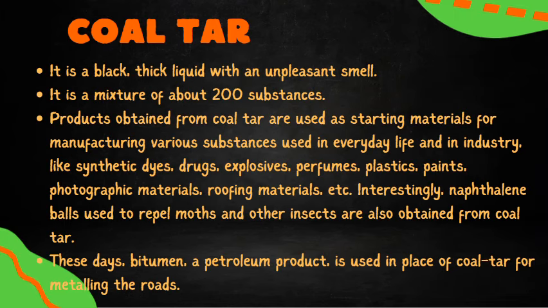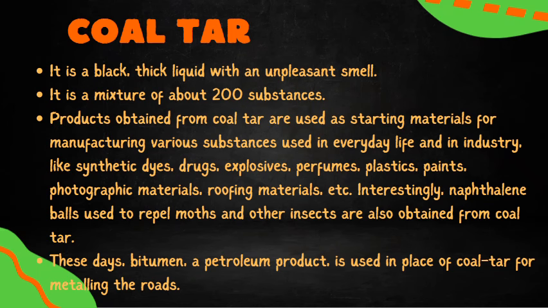The next one is coal tar. It is a black, thick liquid with an unpleasant smell. It is a mixture of around 200 substances. Products obtained from coal tar are used as a starting material for manufacturing various substances used in everyday life and in industry, like synthetic dyes, drugs, explosives, perfumes, plastic, paints, photographic material, roofing material.